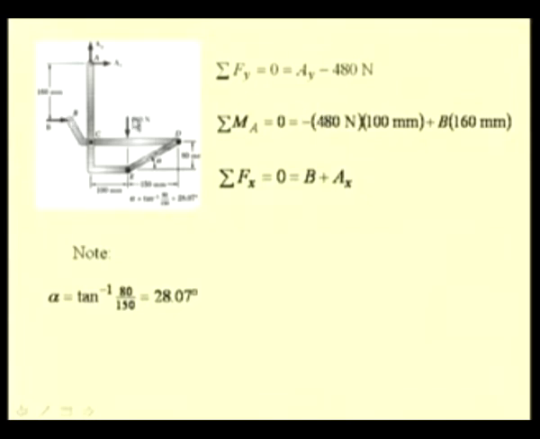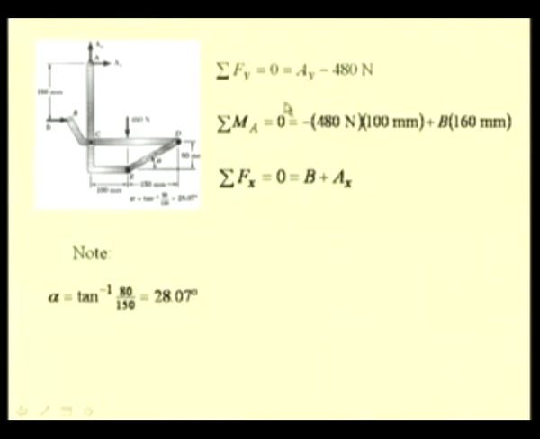So, the moment arm of this force 480 Newton is 100 mm about this point A, and it is a clockwise moment. So, we have the negative sign.